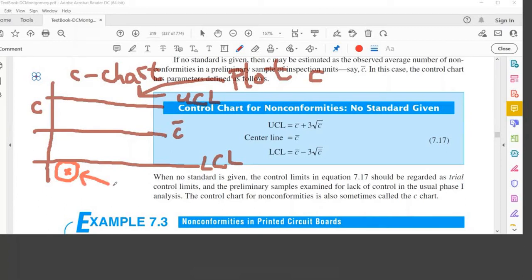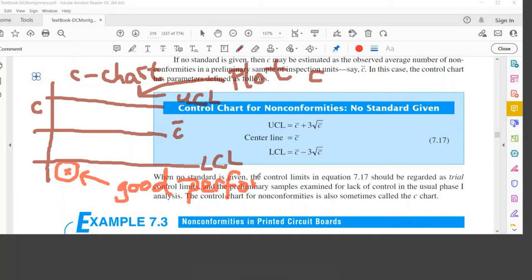But most of the time, this value is showing good performance, because of a low count of non-conformities. Don't confuse this with the X bar chart.